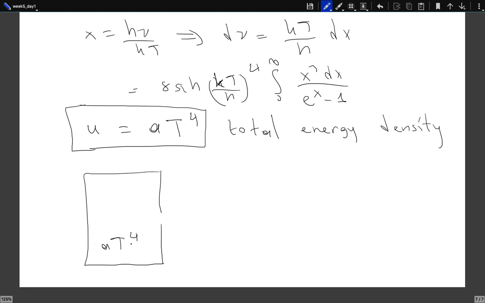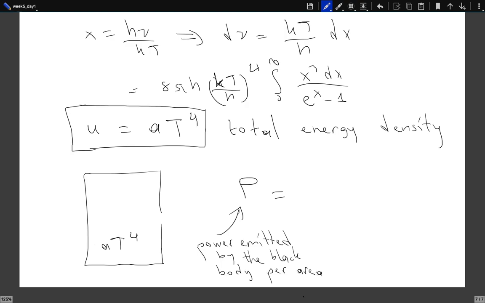So we can define the total power per area. This is the power emitted by the black body per area. Well, it will be proportional to t to the 4.